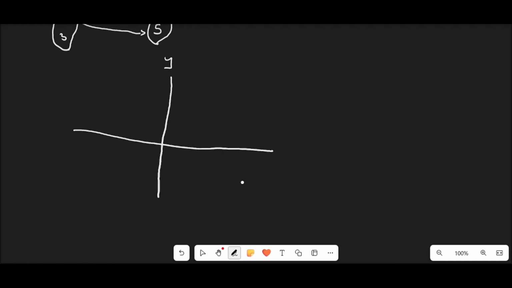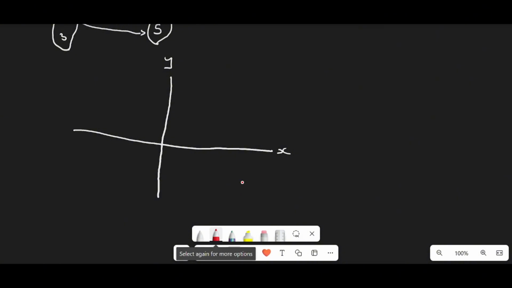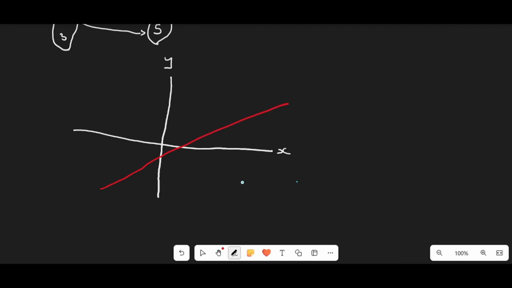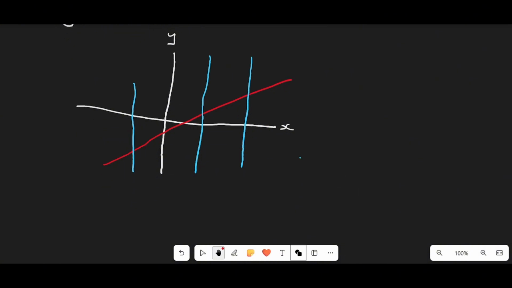This is our y-axis. This is our x-axis. This is the graph. Let us draw our vertical line. If we draw our vertical line, it only intersects the graph at a point. So this given graph is a function. Let us also consider another one using the concept of the vertical line test.